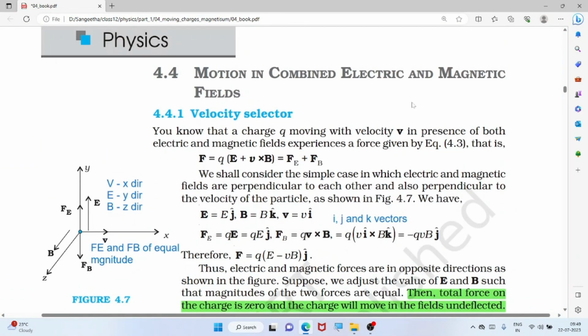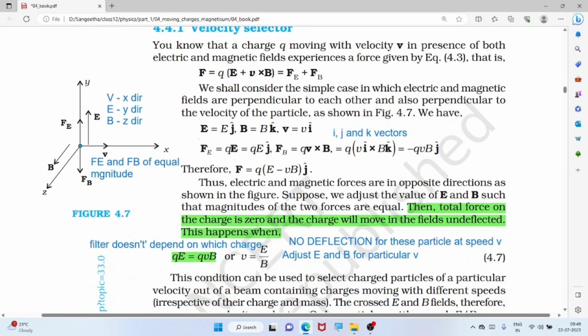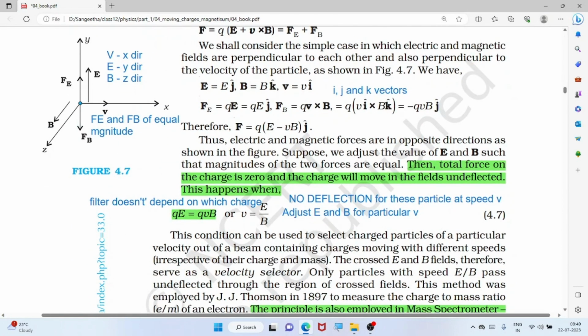Motion in combined electric and magnetic fields, we have the velocity selector. In this you can adjust the electric and magnetic fields to filter out a certain velocity of the charged particle, V equal to E by B. Thus the net force will be 0 when the electric and magnetic forces are balanced.